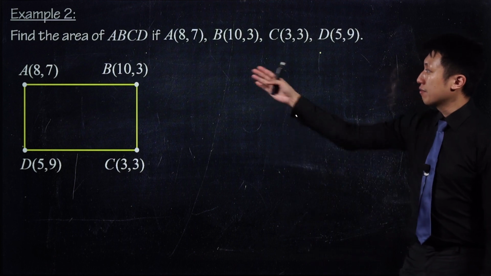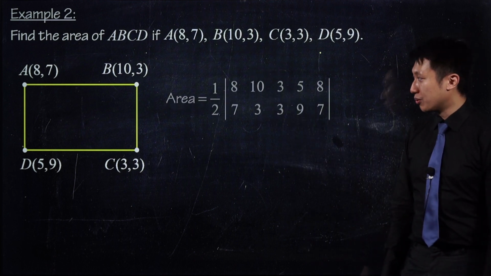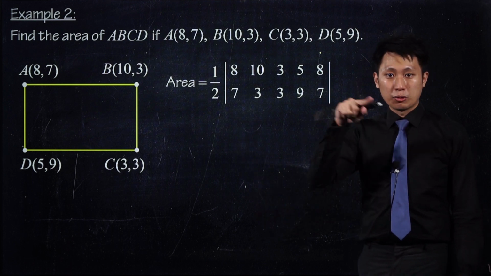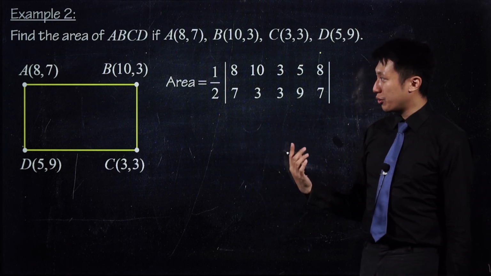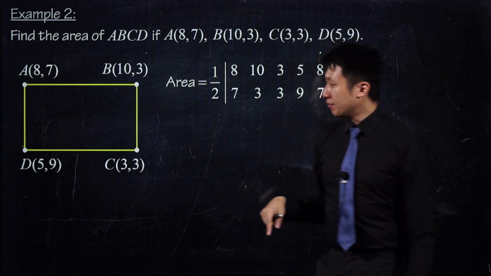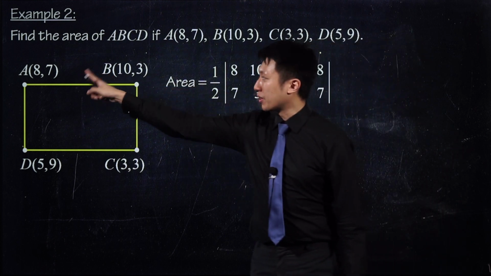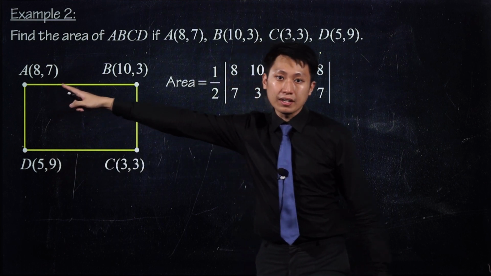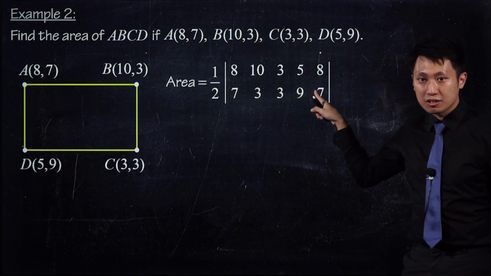So you want to find the area of this. We can just directly plug in the formula as long as it's closing a loop. So now what we do here is 8, 7. The next is 10, 3. We go here, then we go here, and we go here, and back to the original point. Don't forget to go back to the original point.